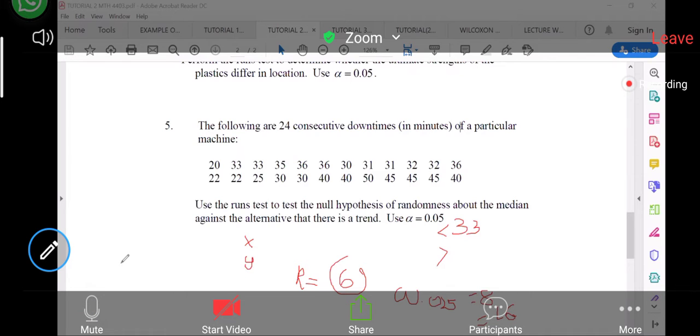Just answer me, for a large sample. What is the formula?